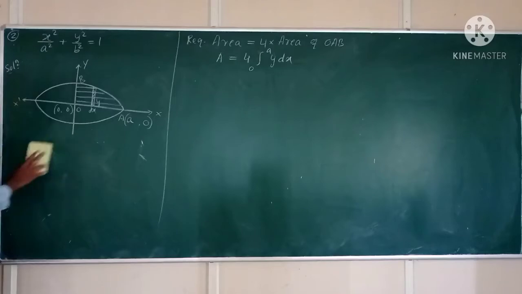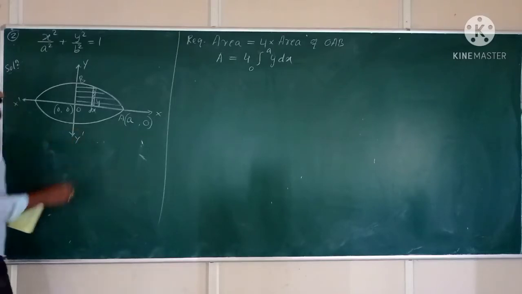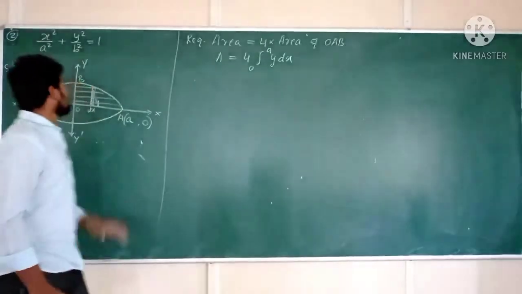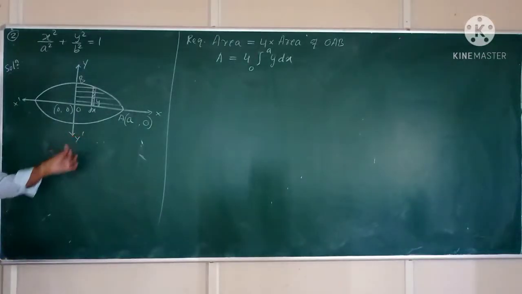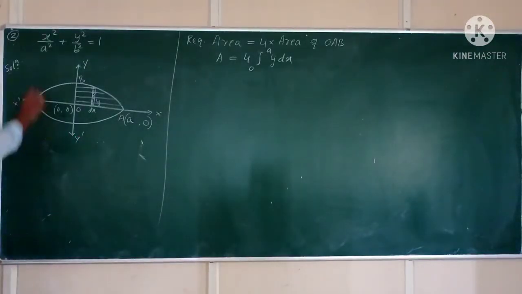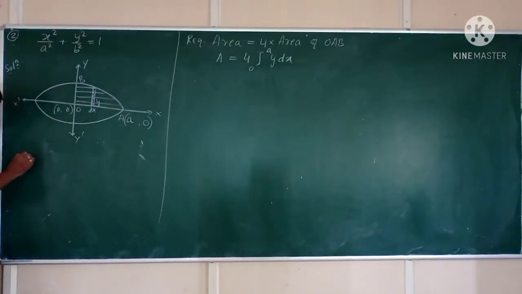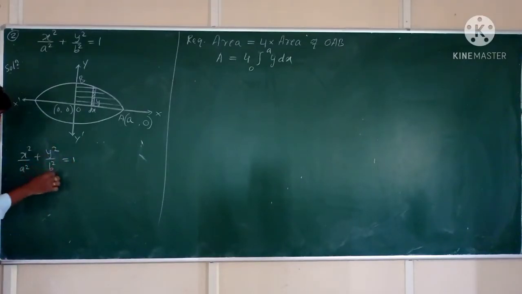Now this value of y should be obtained from the given equation of the ellipse, x squared divided by a squared plus y squared divided by b squared equals 1. We need to find the value of y.